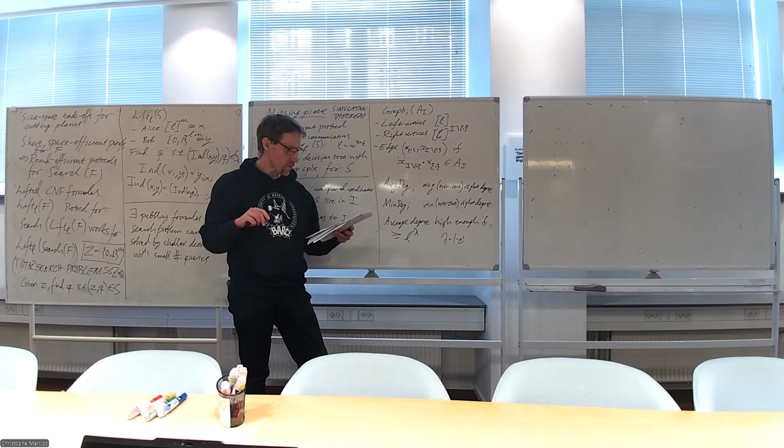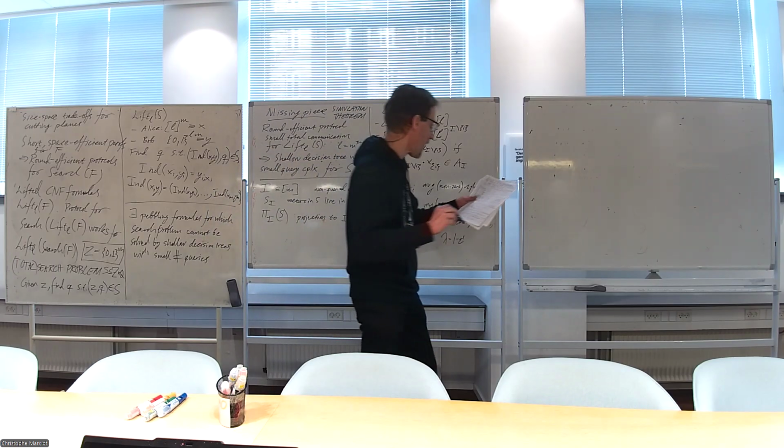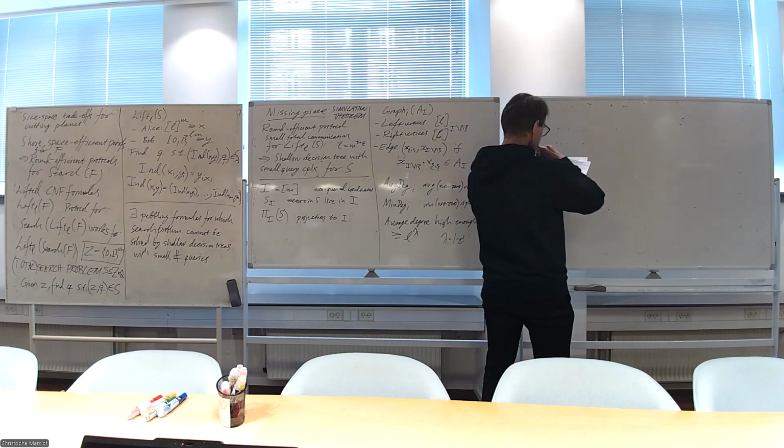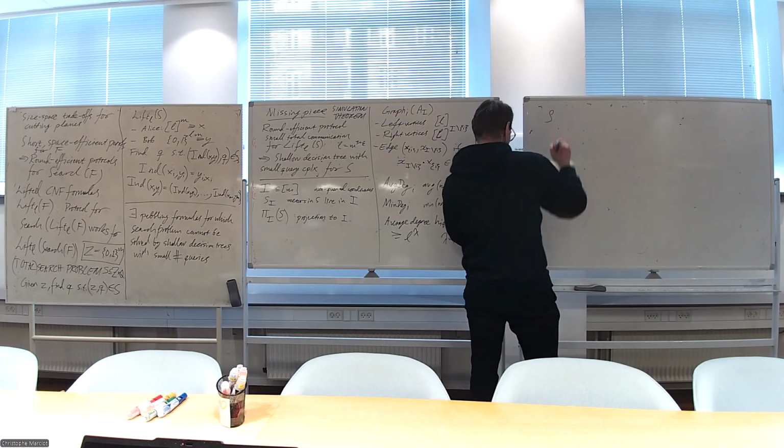Well, it turns out that what we need to do is to restrict the possible inputs for Alice and Bob in the coordinate that has gone bad. I'm going to focus on Alice, but we need this for both Alice and Bob.